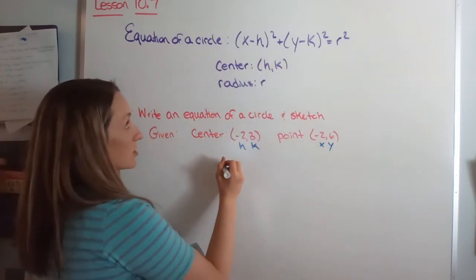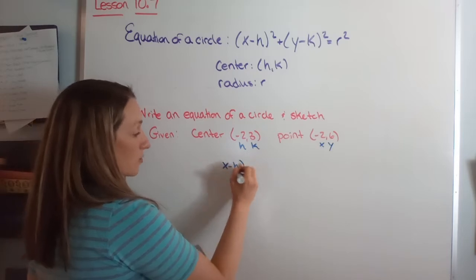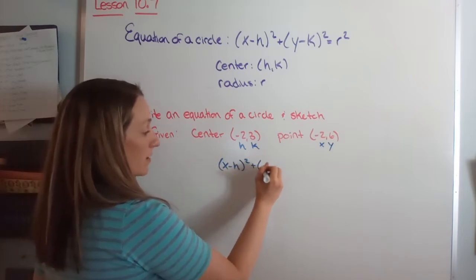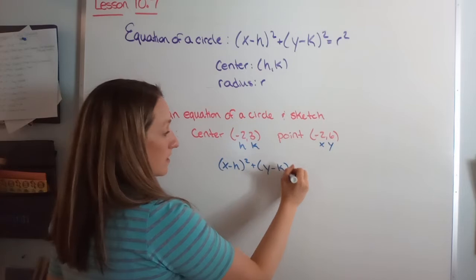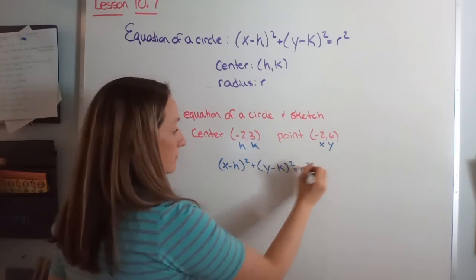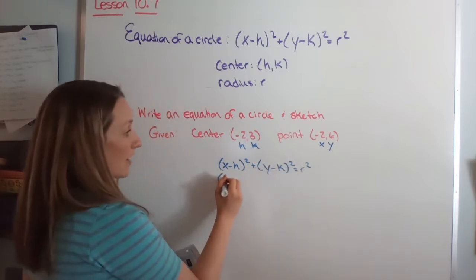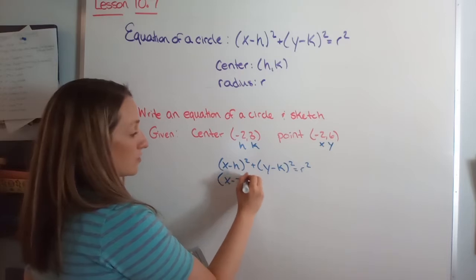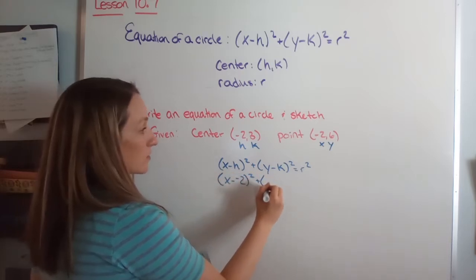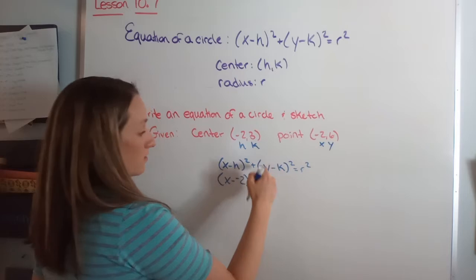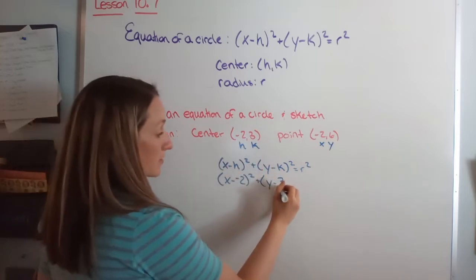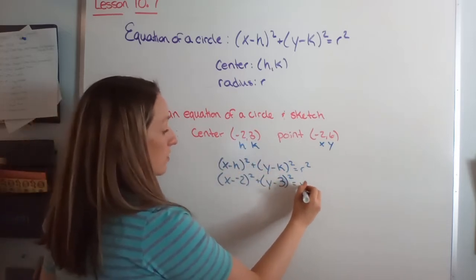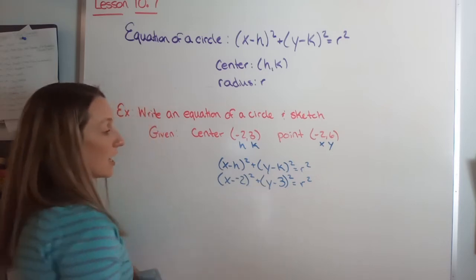So let me write the equation down. (x minus h) squared plus (y minus k) squared equals r squared. Substituting in, I have (x minus -2) squared plus (y minus 3) squared equals r squared. So I plugged in the h and the k.